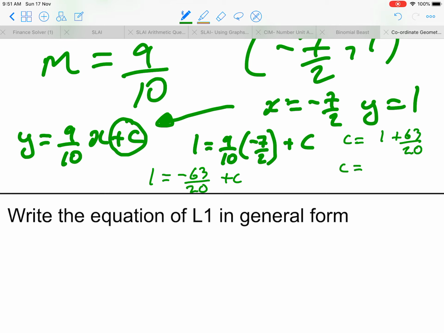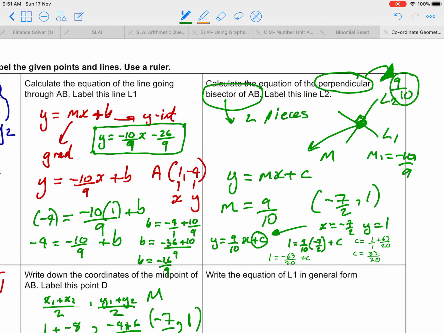And then if you do a little bit of fraction work, change this to 20ths, you should get 20 plus 63 is 83 over 20. Wow. So your final equation, I'll put it in a box, y equals 9/10 x plus 83 over 20. Okay, and we won't play around with that anymore, we'll just leave it like that.